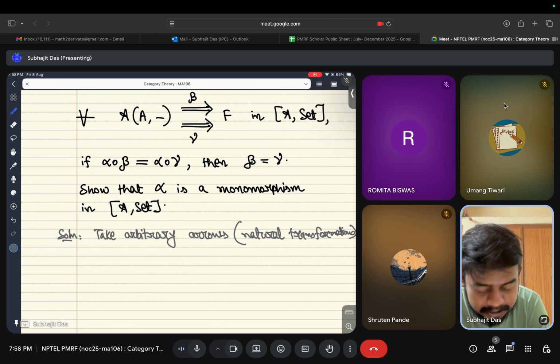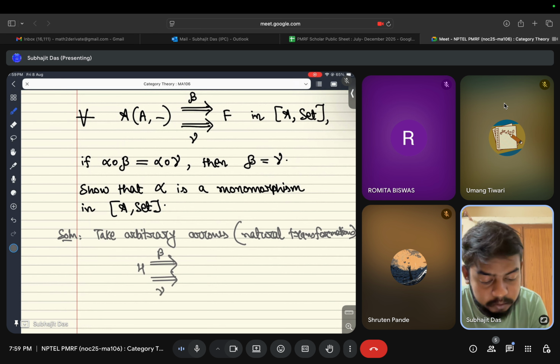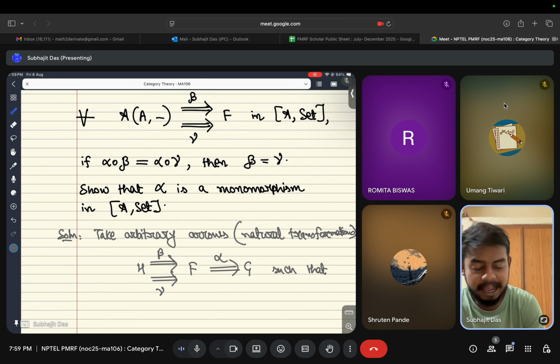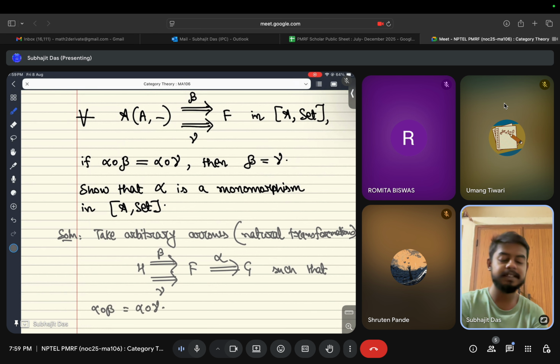So let's say you take H, one natural transformation beta and one natural transformation gamma from H to F, followed by alpha to G, such that alpha composed with beta is equal to alpha composed with gamma as natural transformations from H to G.